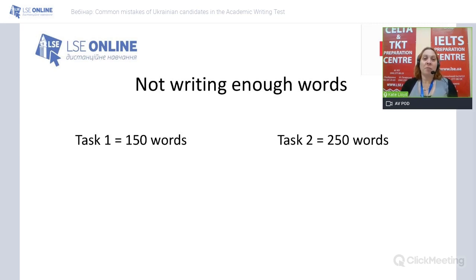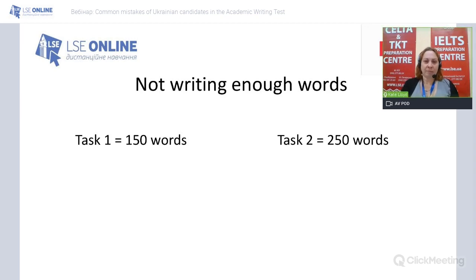To try to stop this happening, you need to learn what 150 words looks like for you. If you're writing on the paper-based test, then you can see how long 150 words is to you.